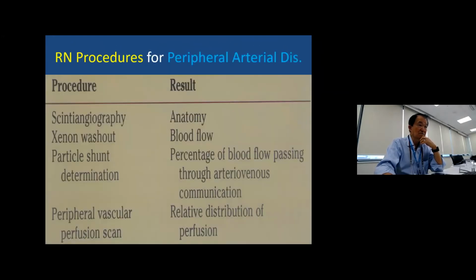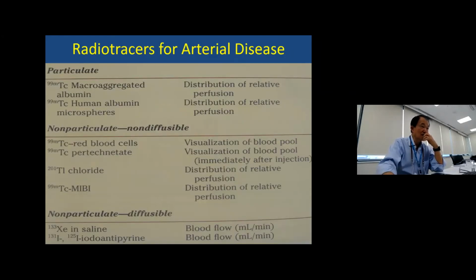Now in the peripheral arterial system, we have a particulate technetium-labeled particle, non-diffusible. This thallium chloride, we use for myocardium. It's perfusion imaging, okay?